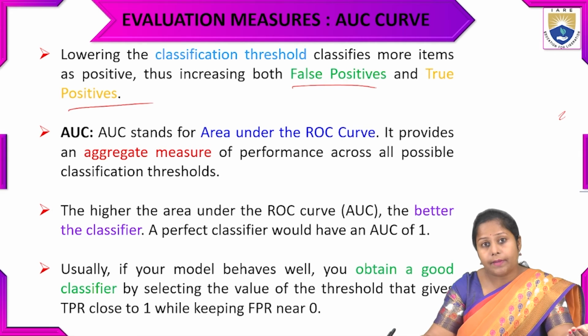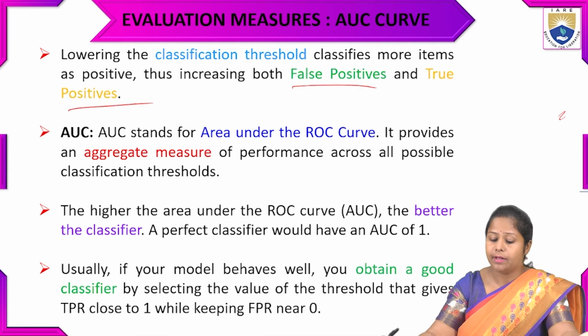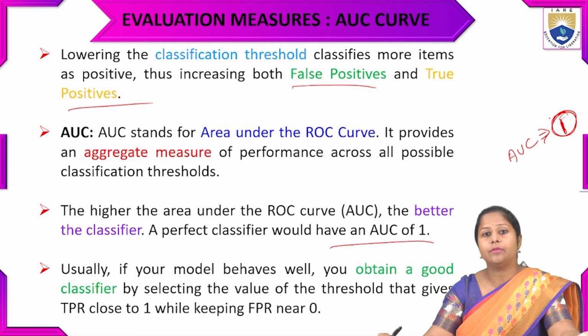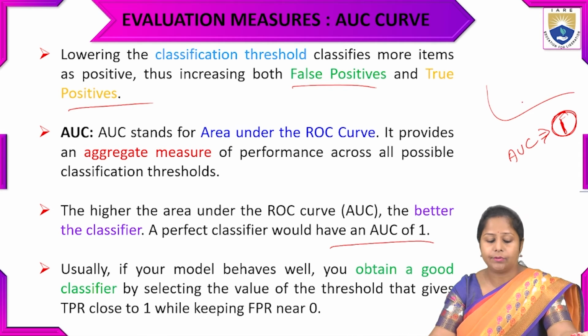If it is higher, the classifier is predicting correctly. A perfect classifier would have an AUC of 1, covering all of the area.